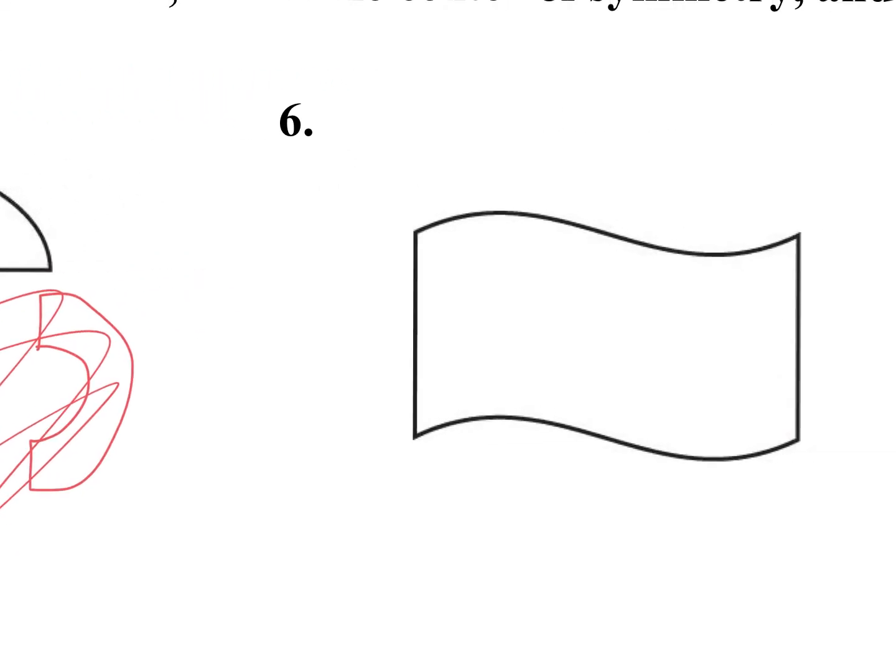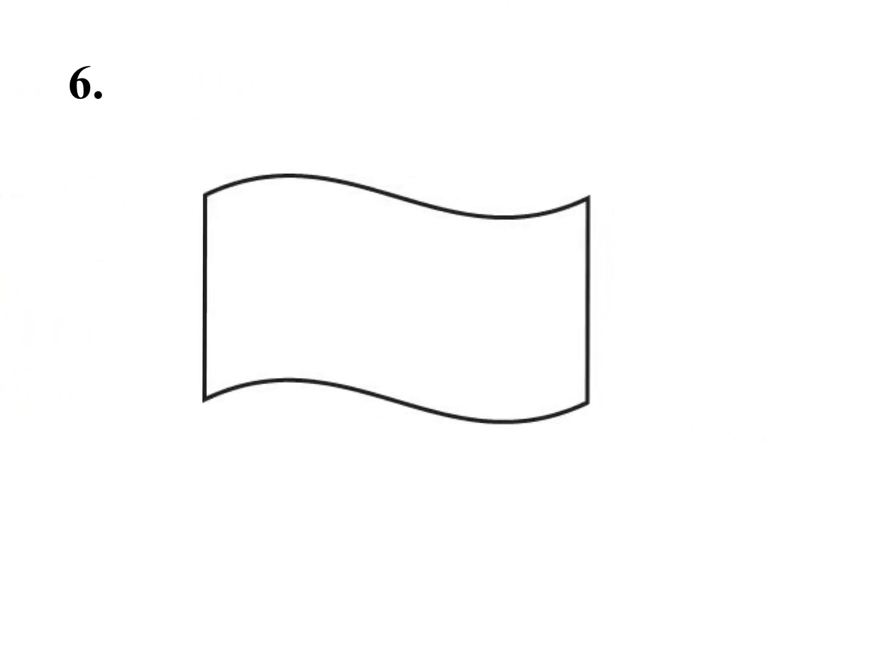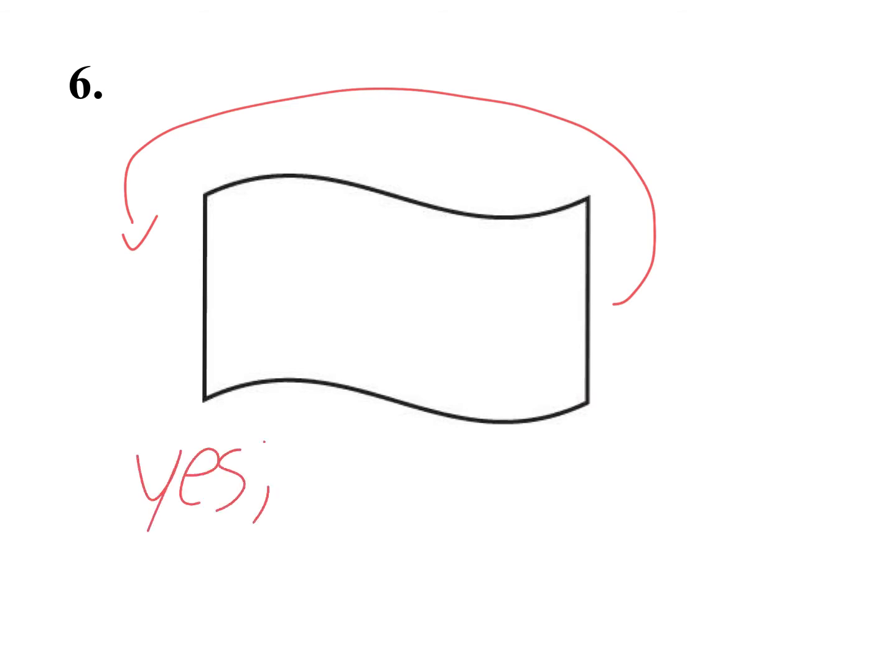Number 6, we have a flag. We want to figure out, does it have rotational symmetry? Well, if I take my flag and I rotate it 180 degrees, I'm going to end up with the same figure. But I have to rotate it 180 degrees to do so. As such, I know that I have that symmetry, and I know that my magnitude of symmetry is 180 degrees.